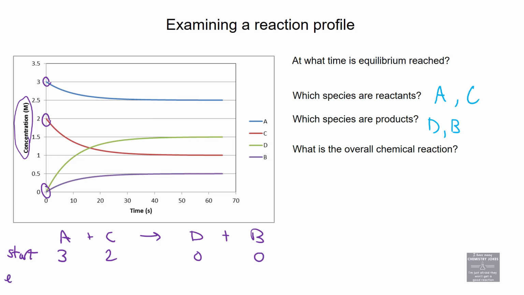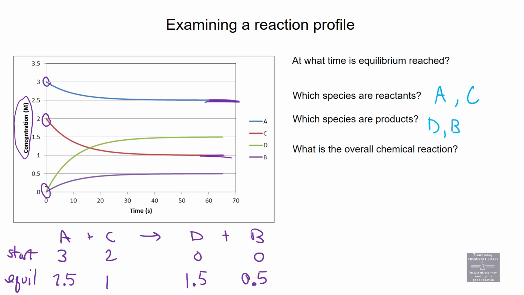My equilibrium concentration of A, over here where it's flatlined, is 2.5. C, over here where it's flatlined, is 1. Purple one, that's B, is at 0.5. And green one, that's D, is at 1.5.